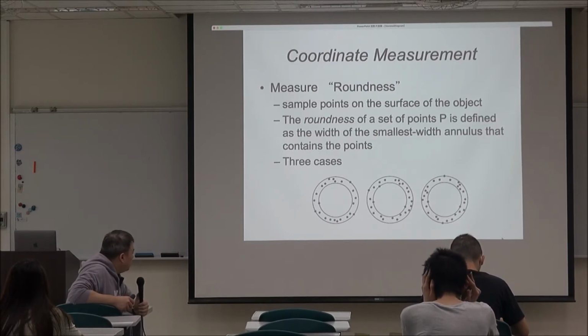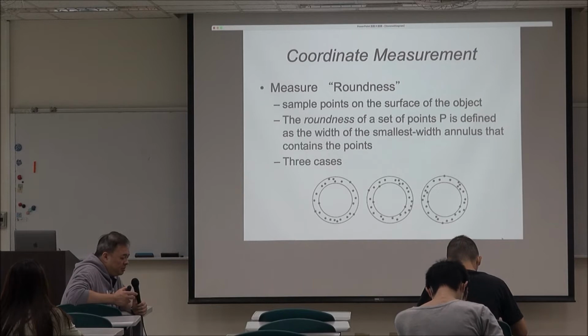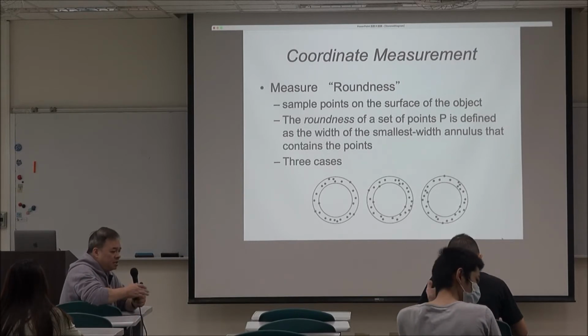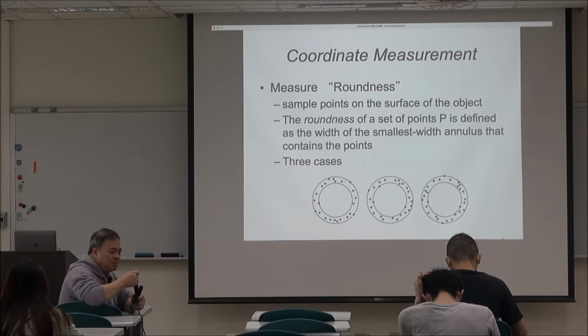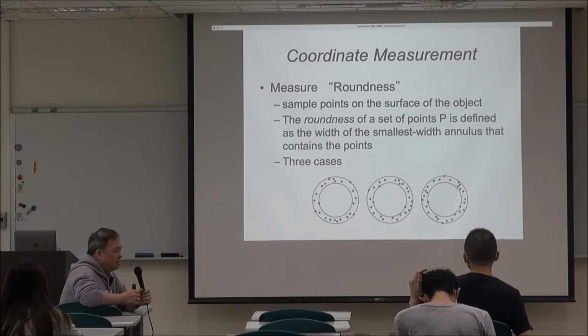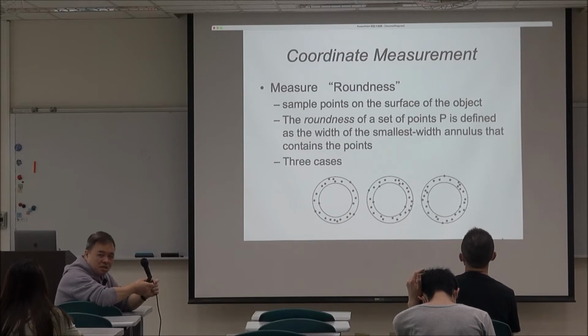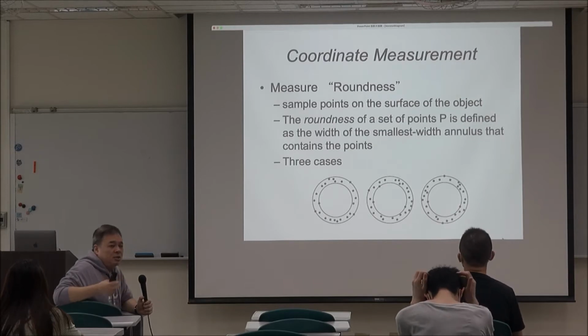a very interesting industrial engineering problem. In industry, a lot of mechanics, when they create certain parts for machines, many parts require some kind of round shape object, such as a ring.